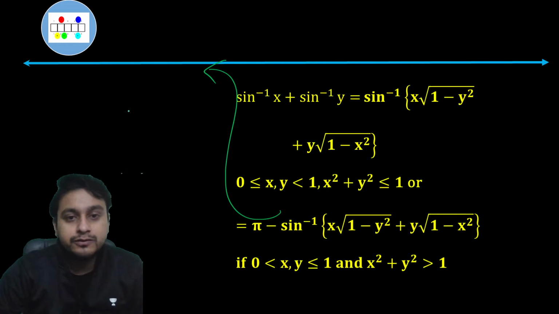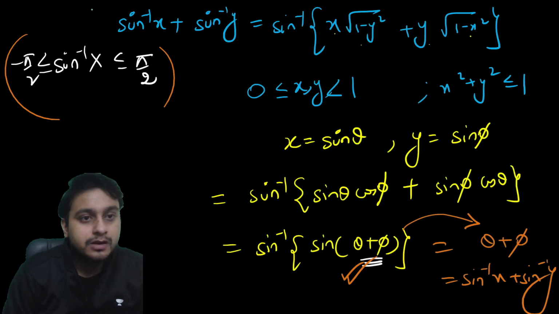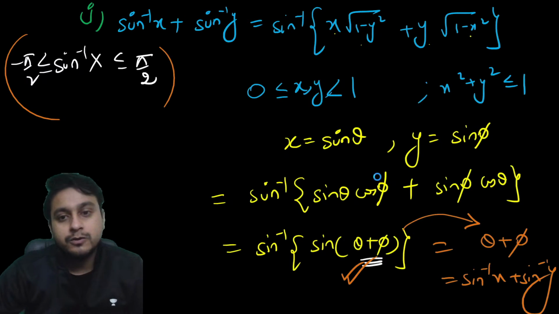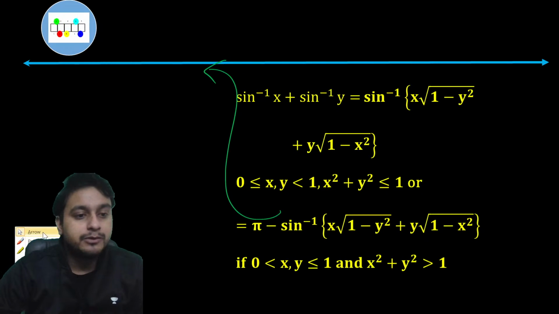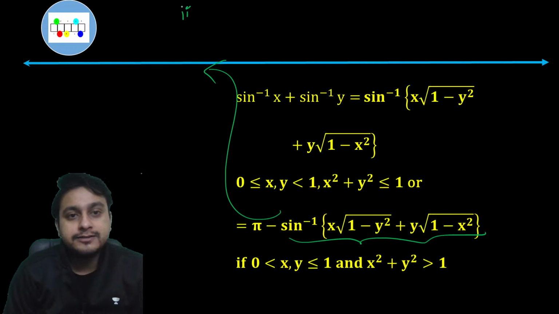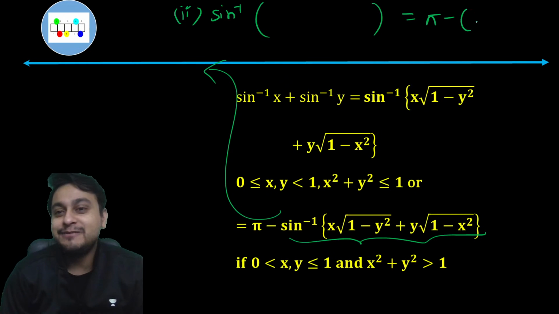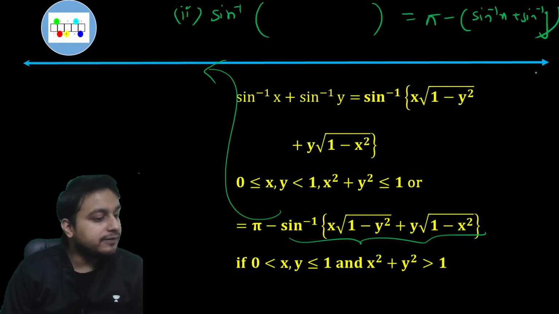What I'll do is, I'm taking the second part, guys. The first part I've already proved. This is the first part which we did. Now we are discussing the second part. Now look into this one. In the second part, I'm starting from here. If I prove that sine inverse of this whole expression will be equal to pi minus sine inverse x plus sine inverse y, that will be fine, right?